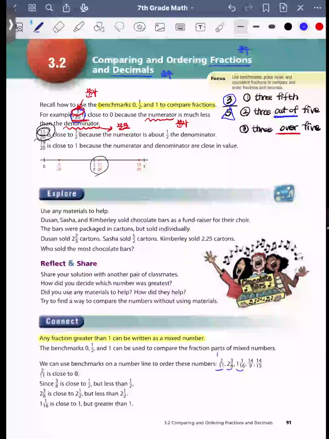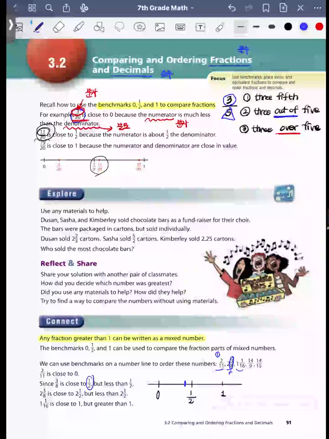So if we look at the first fraction over here, you can say that 2/11 is close to 0. And if we look at this number, 2 and 3/8, since 3/8 is close to 1/2, but less than 1/2, which means, say we have a number line right here, 0, 1/2, and 1. 3/8 is close to 1/2, right?